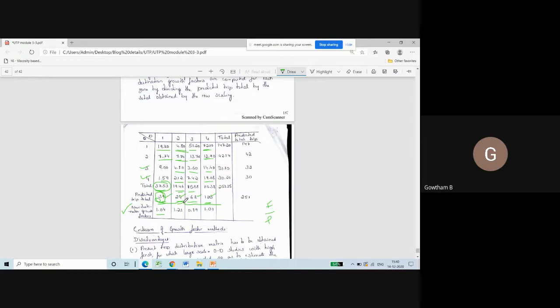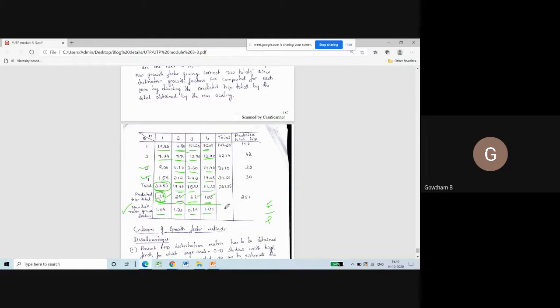And 24 divided by 19.46 is equal to 1.23. 68 divided by 75.98 is equal to 0.89. 120 divided by 118.38 is equal to 1.09.